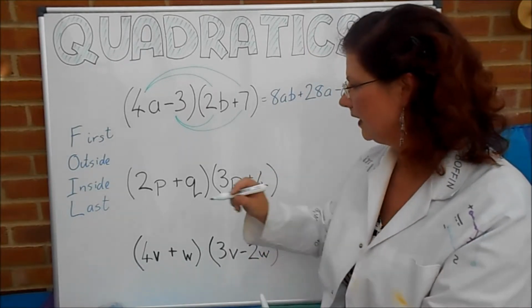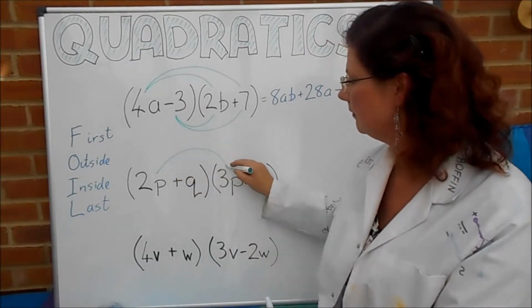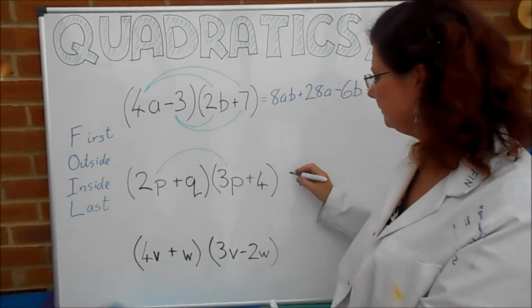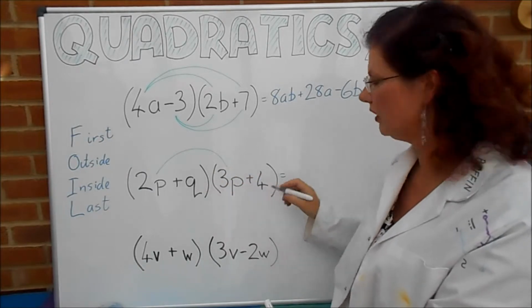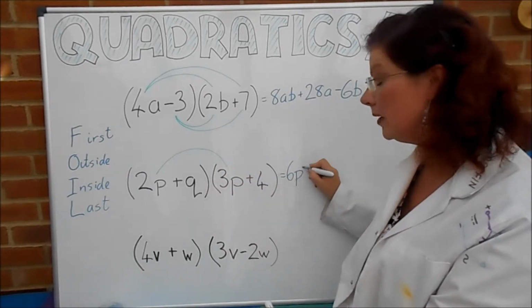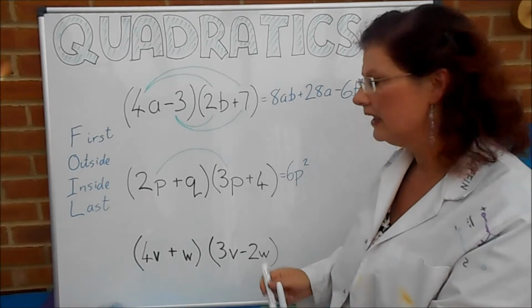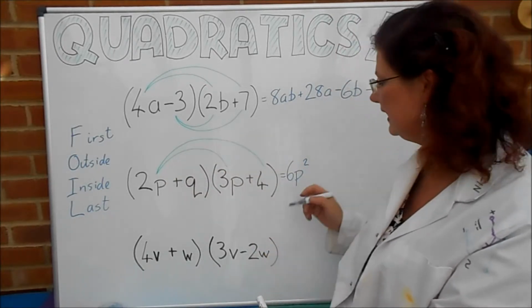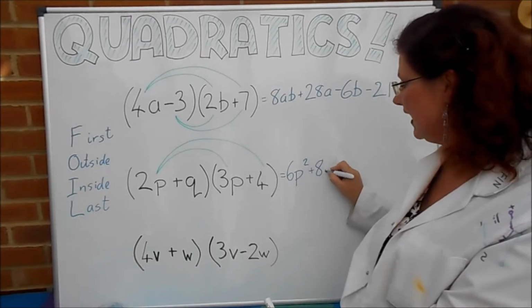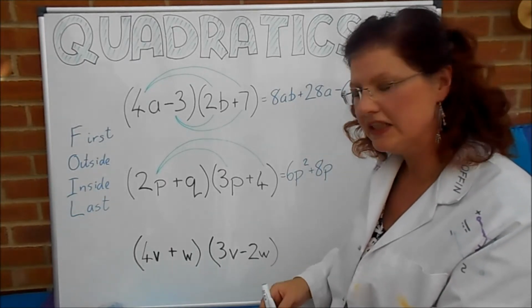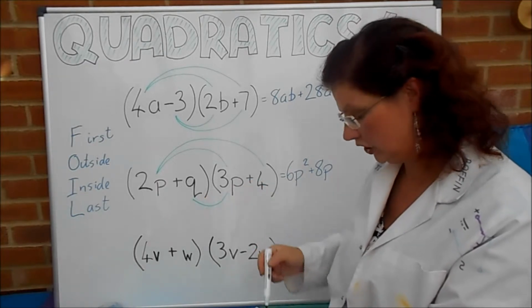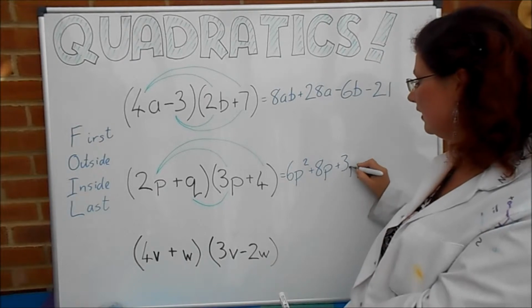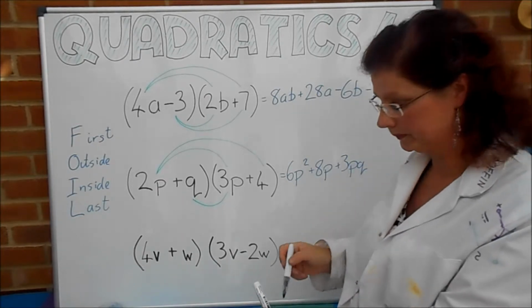Next one, we have 2p times 3p, 6p squared. Then 2p times 4, again, easy, plus 8p. Now we're getting into the q's. q times 3p, 3pq.